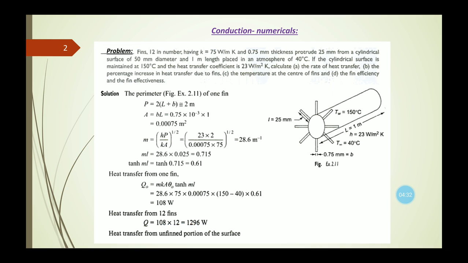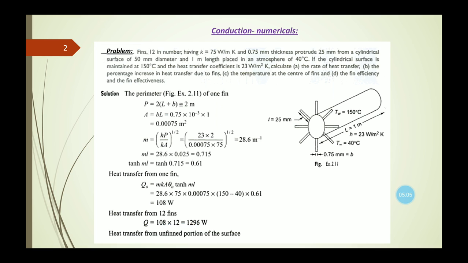Now we need to calculate the value of m in this fin heat transfer. The formula of this m is known to us, which is root under hP by kA. In this numerical, h and k were given: h was given as 23 watt per meter square Kelvin and k was given as 75 watt per meter Kelvin.